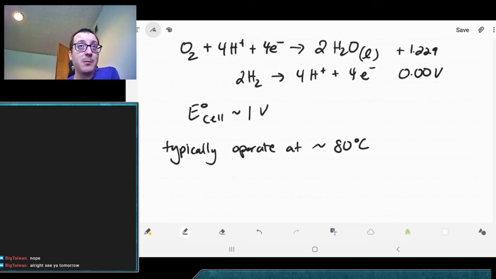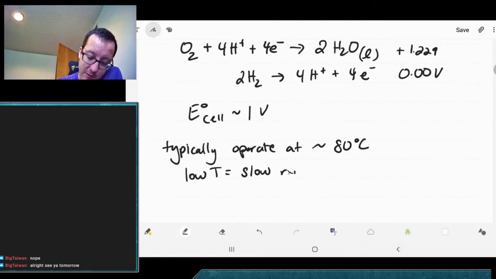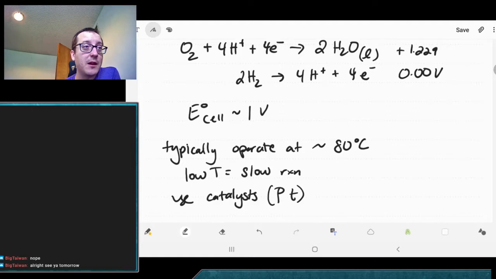However, this does tend to make the reactions pretty slow. Even though this is a combustion type reaction, it is pretty slow at these temperatures. And so you use catalysts. I think platinum is the main one that we use to speed it up.